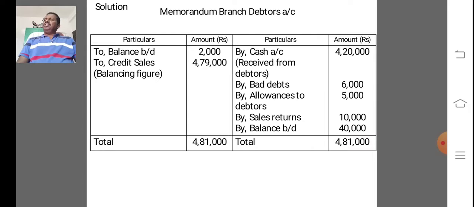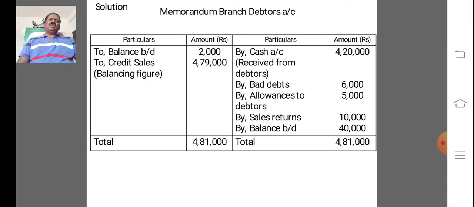Based on this information, credit sales is not given. So for that purpose we prepare the memorandum branch debtors account to find out the credit sales. First we debit the opening balance 2,000 and credit the cash account 4,20,000, that is cash received from debtors.